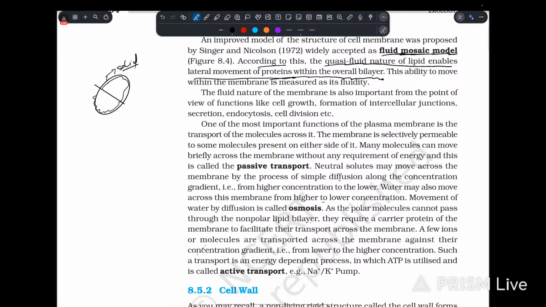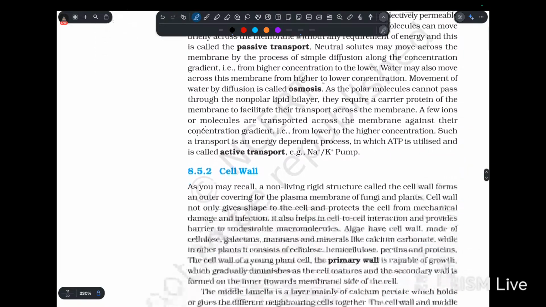It can manage itself and change according to conditions. It helps in cell growth. A cell can easily expand. More phospholipids can join it, more proteins can join it easily, which is not possible in a solid case. It can easily form intercellular junctions. It can easily do secretion and endocytosis, right?